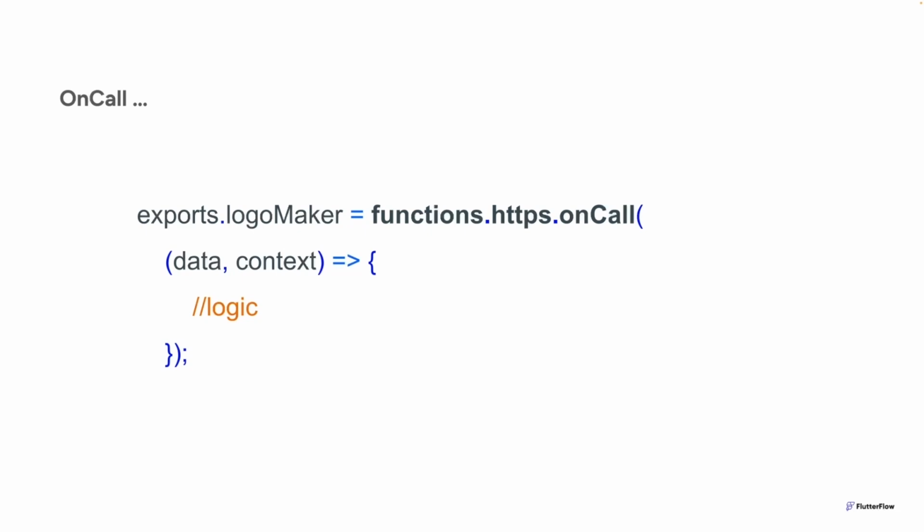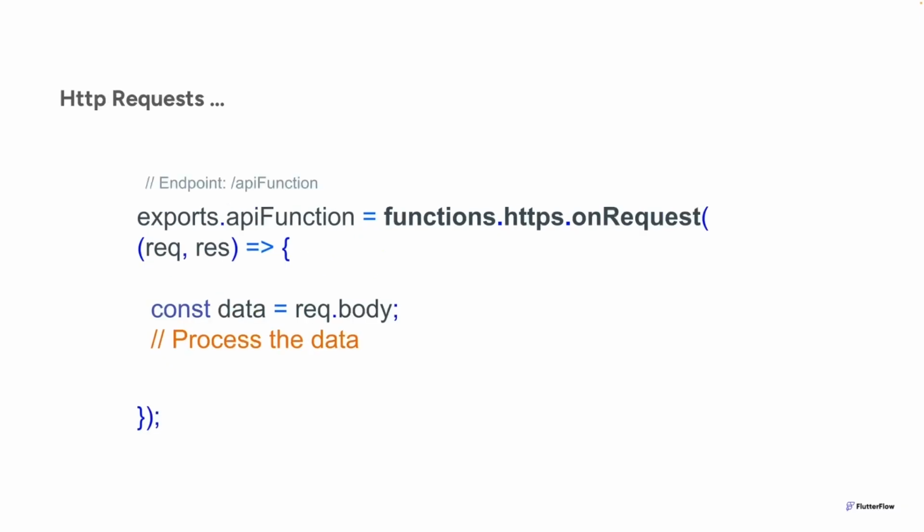We talked about it, that's on call. Here's a snippet that shows how you can write a function that can be called. If you look at the snippet, it's JavaScript code, fairly simple to read. To define a function for receiving a request over HTTP, you should call onRequest on the HTTPS object of the Functions SDK.